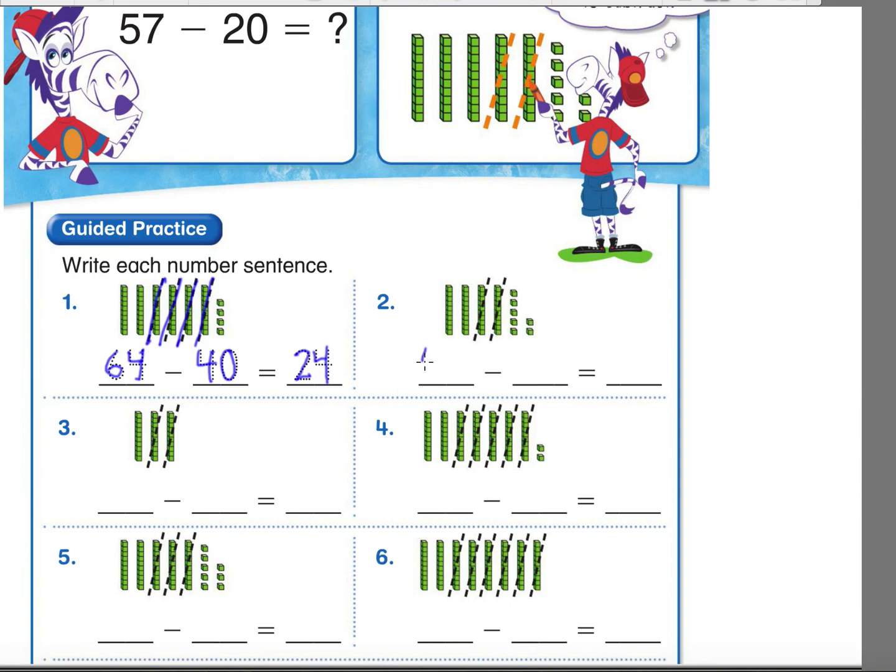So we counted everything that was there. We have 47. Now your job is to take away the number that they want us to, finish the number sentence, and tell me what's left, and put it right there. All right, I'll give you guys just a couple seconds to do it. It shouldn't take you too long.